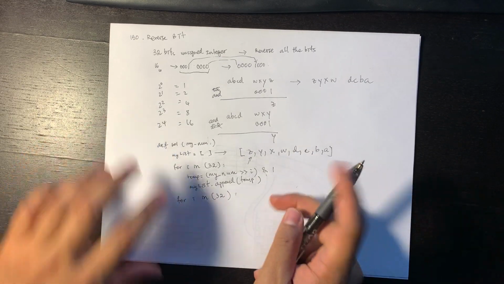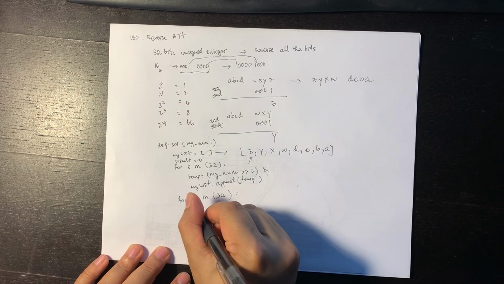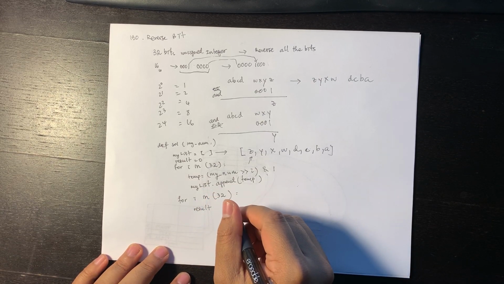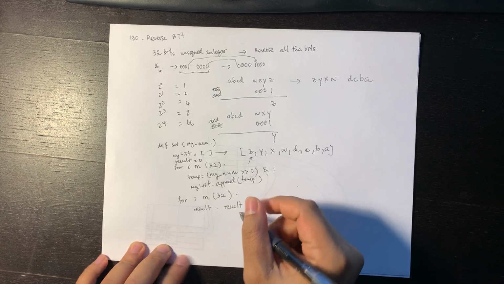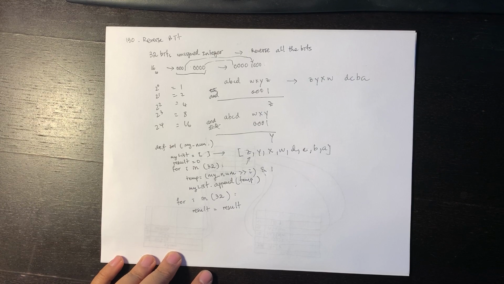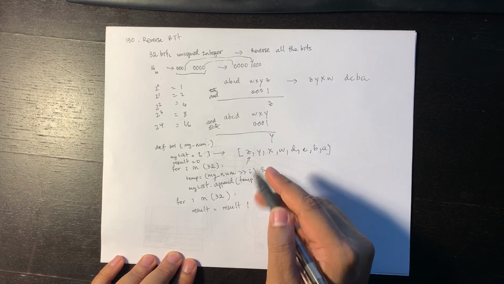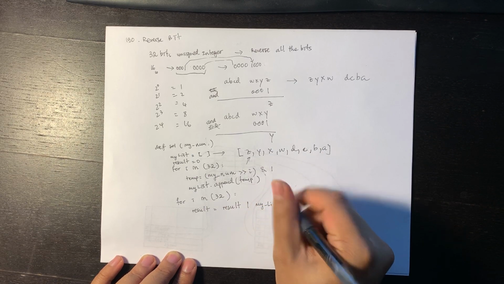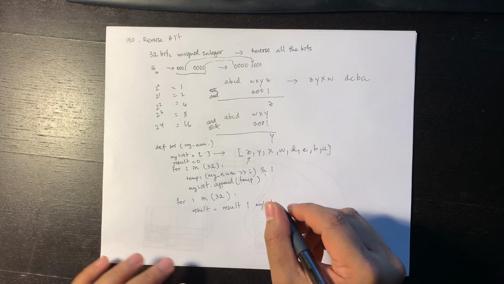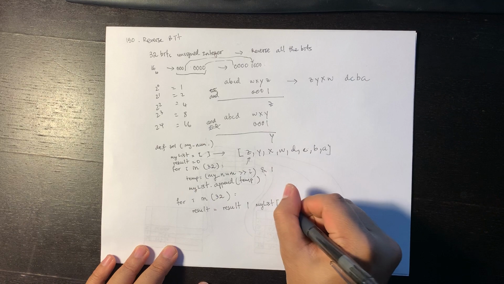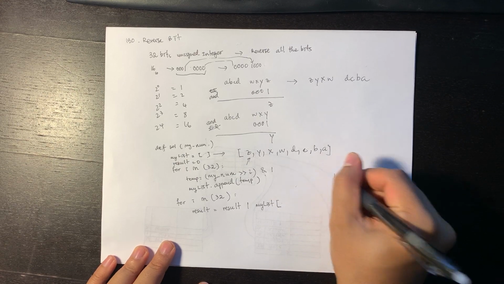So we need to create our output, so let's call that output result. Result is initially 0. Then result is equal to result OR it with my list, shifted.